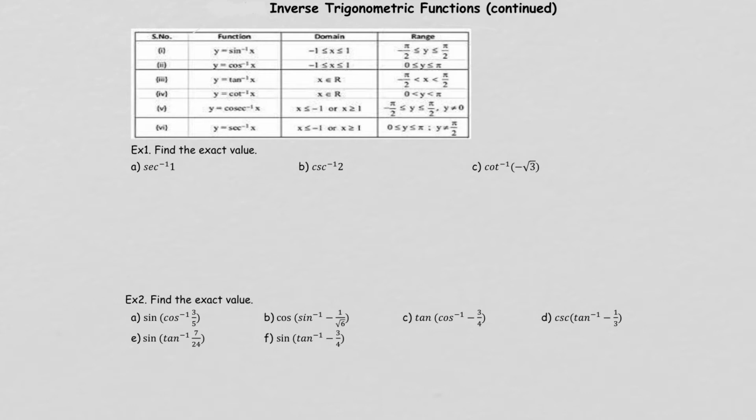So here, secant inverse of 1. In order to find secant inverse of 1, we should be able to convert that into cosine. In order to be 1, that's 1 over 1, so cosine should be 1 over 1 also, right?